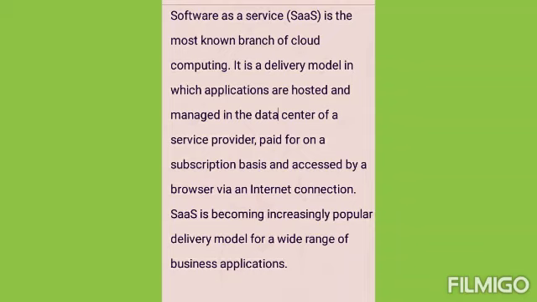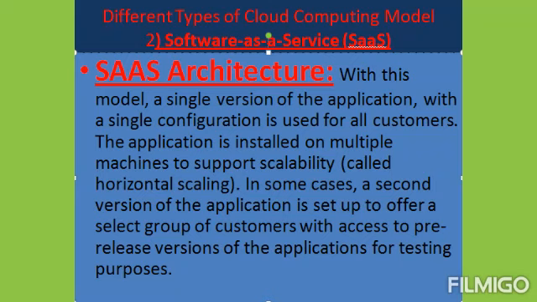So, what is the architecture of the SaaS model? SaaS means software as a service model. A single version of the application with a single configuration is used for all customers. The application is installed on multiple machines to support scalability.